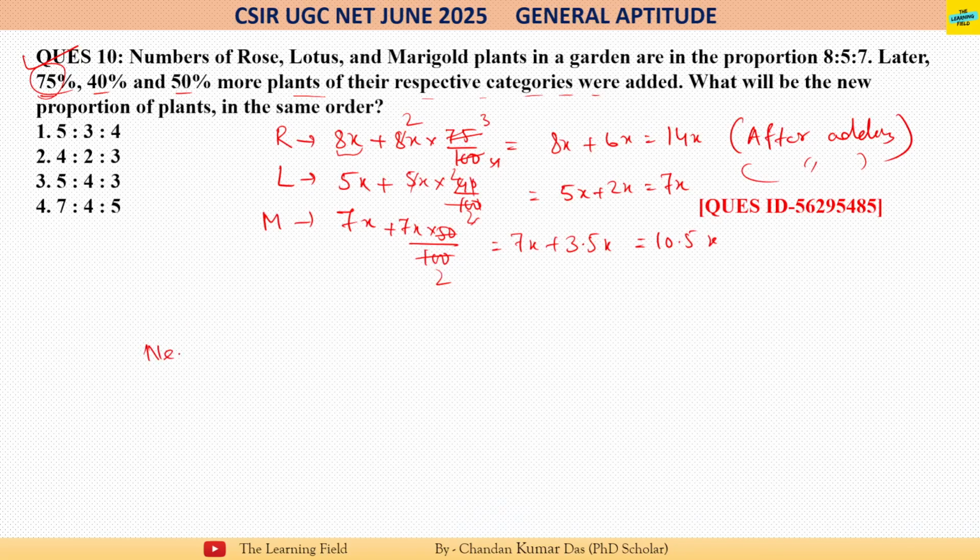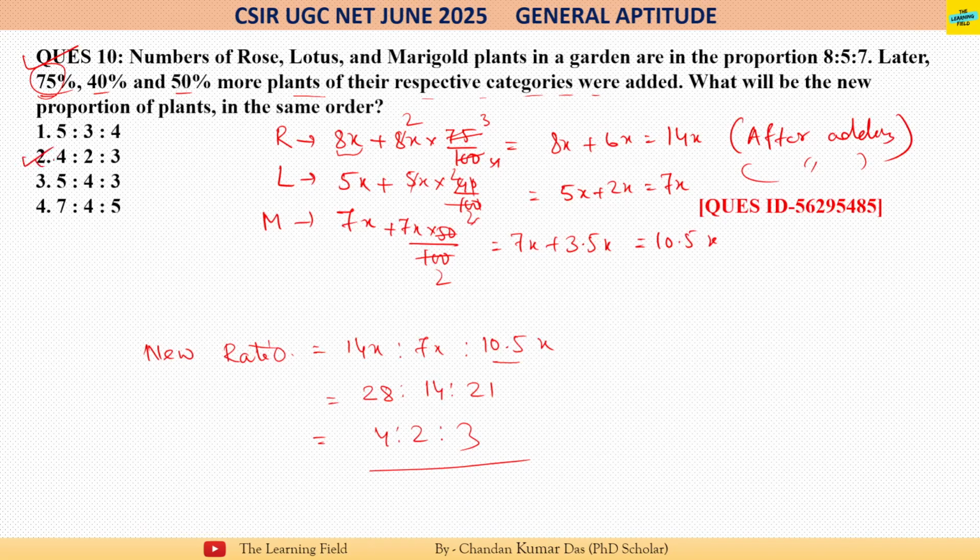Therefore the new ratio is equal to 14x is to 7x is to 10.5x. Fine. If we just multiply by 2 and divide by x, this is 28, 14, and 21. Now divided by 7, 4 is to 2 is to 3. That means option 2 is the correct one.